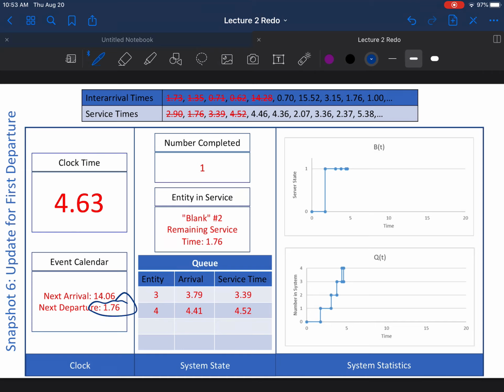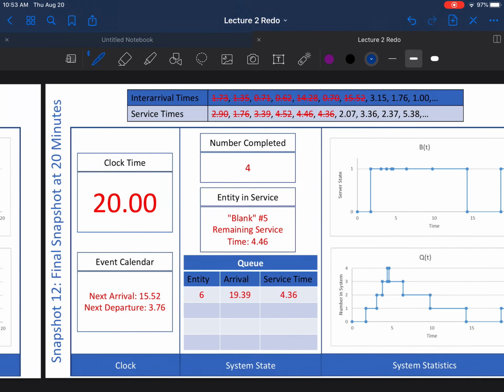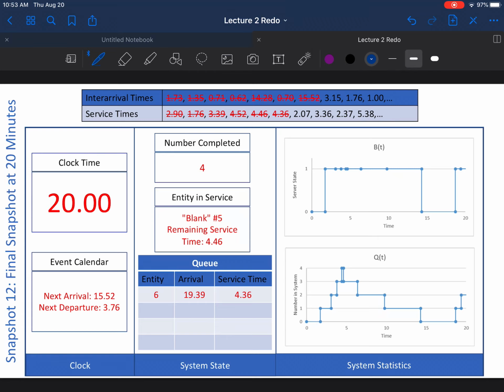Turns out there's going to be 14 more snapshots, 14 more events. We do a snapshot for every event, okay? And there would be, I'm sorry, not 14 more, there would be 6 more events to get us to time 20. If you go through that, this would be the final snapshot for time 20. You can see this system could continue on and on infinitely long. Every simulation has that sort of feature.